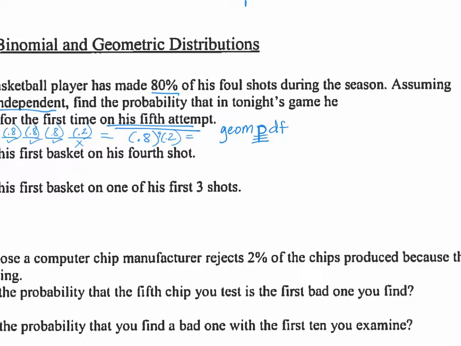So you do geometric PDF, and I'm going to put 0.2 in the 5th spot. I believe in your calculator, it's under second vars. It's in the same place where the normal model stuff is, so norm CDF, inverse norm. It's in that menu. There's the binomial PDF, and then at the very bottom is the geometric.